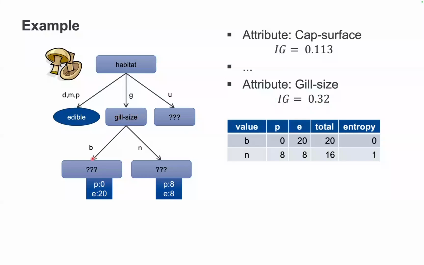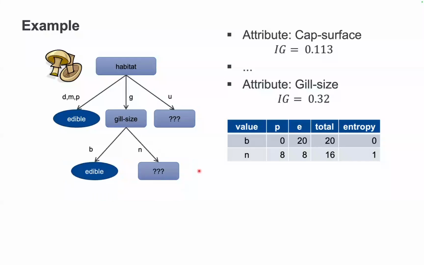Gill size leads to 2 children nodes. And this node has 0 entropy, so it can be labeled as a decision node. And this has still a very high entropy. So I would now either stop here because I cannot make a good decision, or I would grow this further.